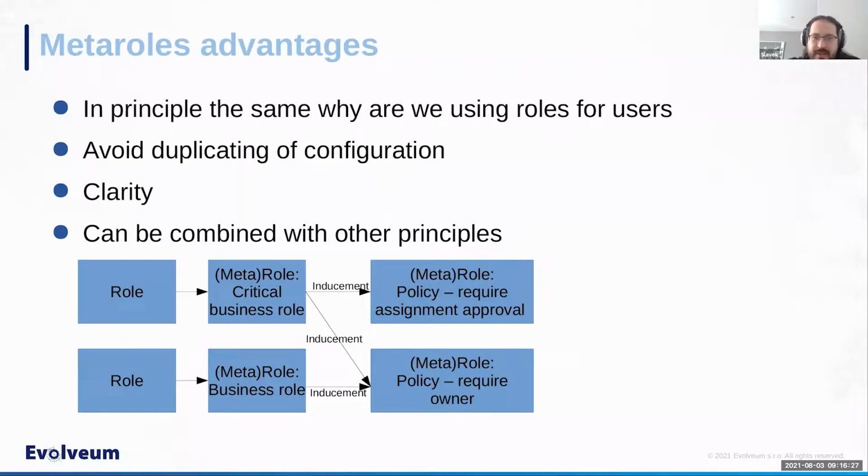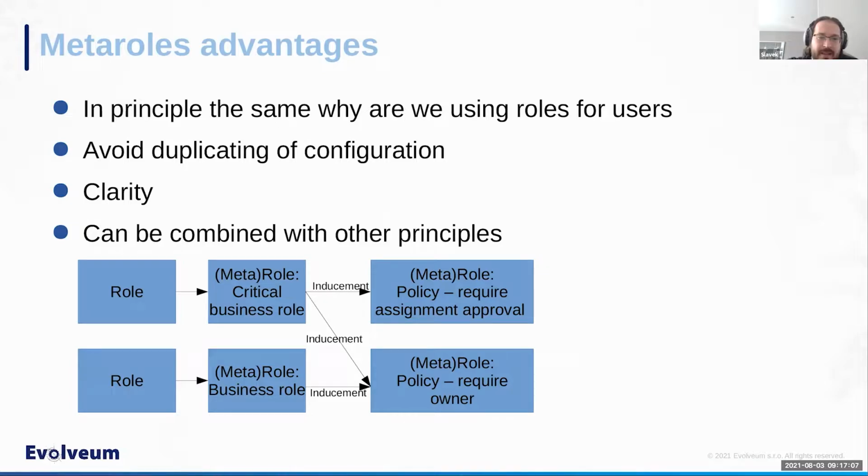So I have this critical business role, and I can create any number of roles which I can classify as critical business roles, and all the rules will be applied just like that. And if one day I decide that critical business roles should meet any other requirement or should be provisioned somewhere, for example, to some, I don't know, public list or list which are reported to managers, I can add it easily to the meta role definition, and it will be immediately applied to all the roles that are marked as a critical business role.